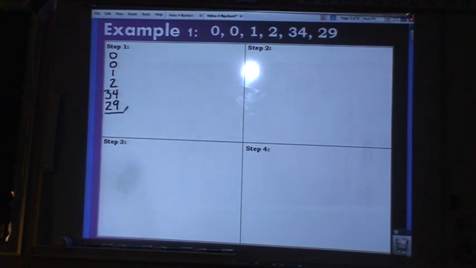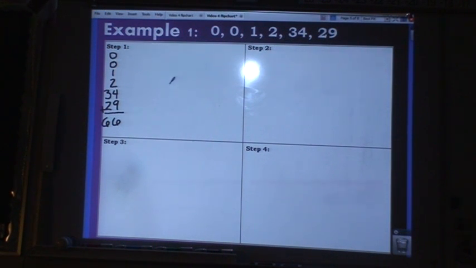If we add all of these up, we should get the number 66.